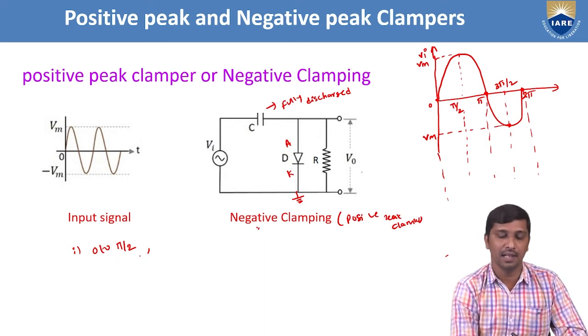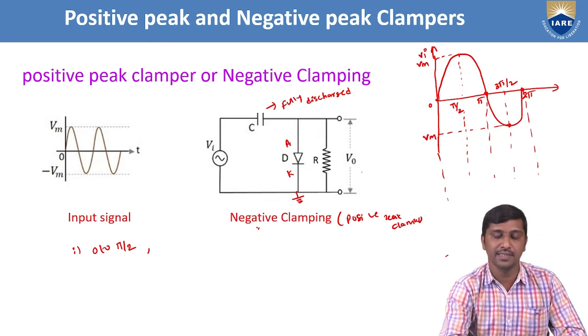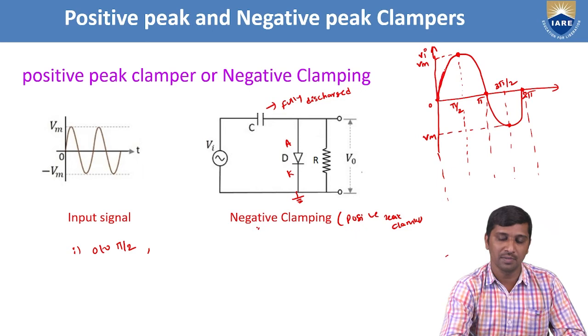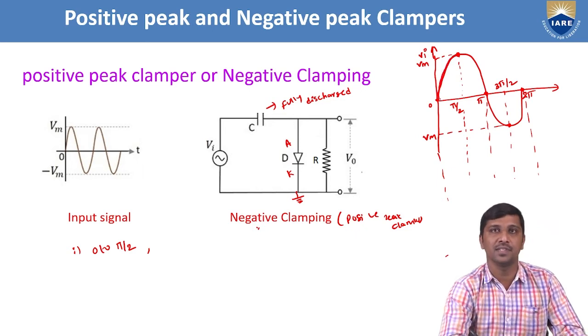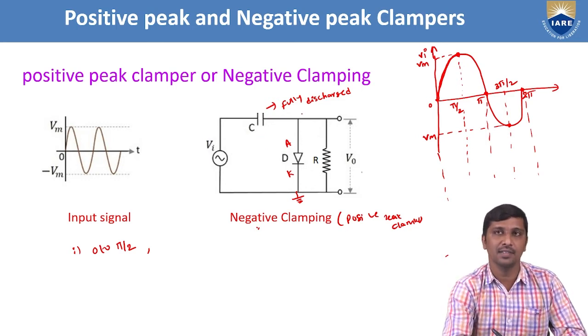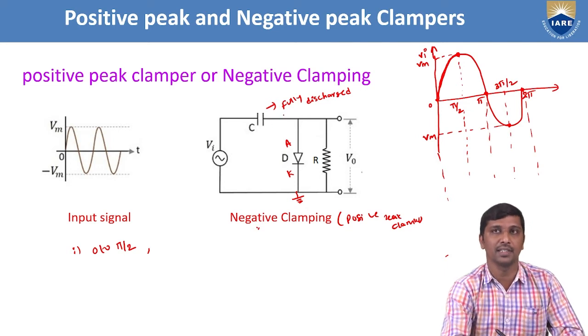In this interval, the input signal is changing from 0 to Vm voltage. So what happens in the capacitor? Initially the capacitor is fully discharged, hence the capacitor starts charging towards the maximum voltage.